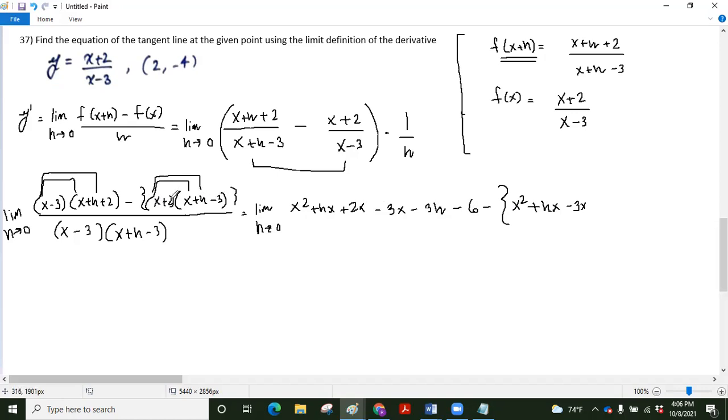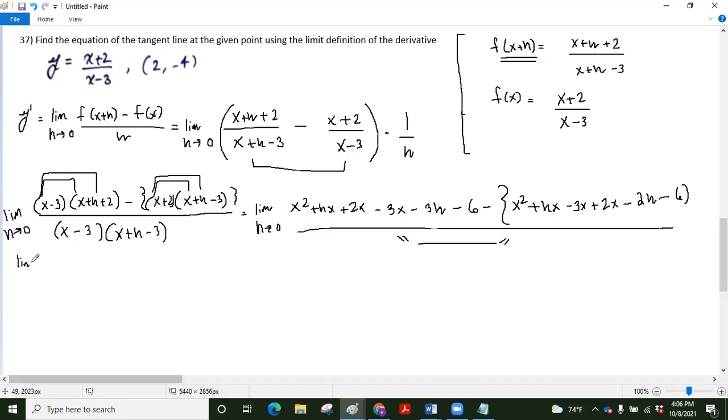And this was inside, we had x plus 2, correct? So that would be plus 2x plus 2h minus 6 over everything we had before.